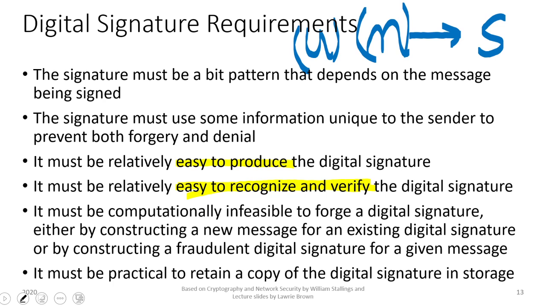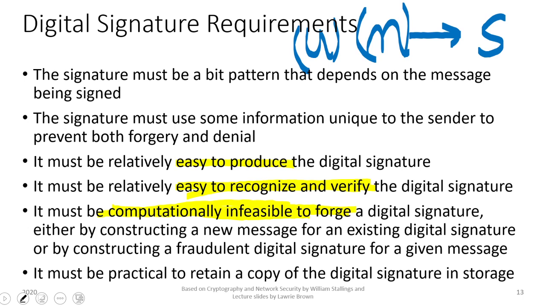But even though they should be easy to produce and easy to verify, it should still be computationally infeasible to forge. So the fact that we say the digital signature creation and verification functions should be easy and quick doesn't mean forging should be computationally easy.